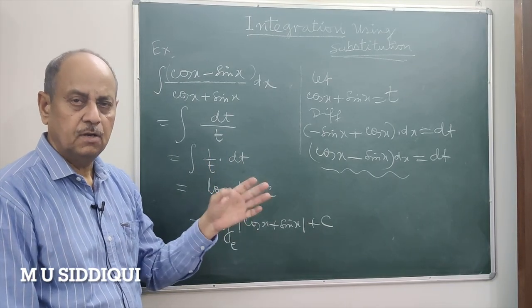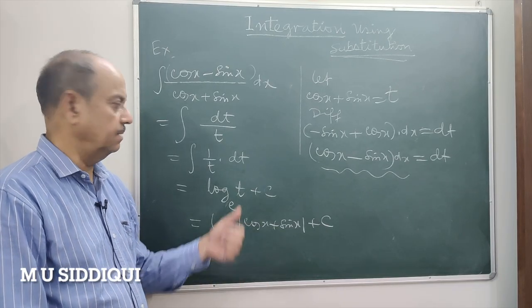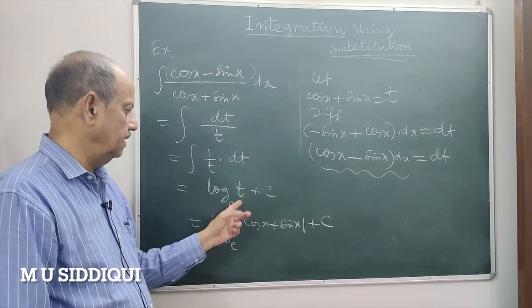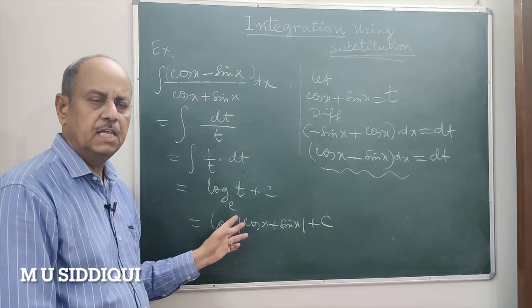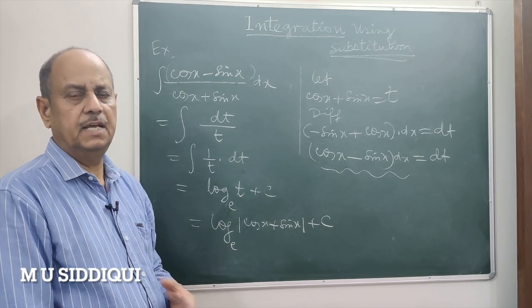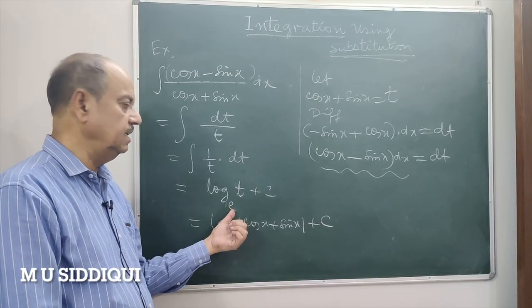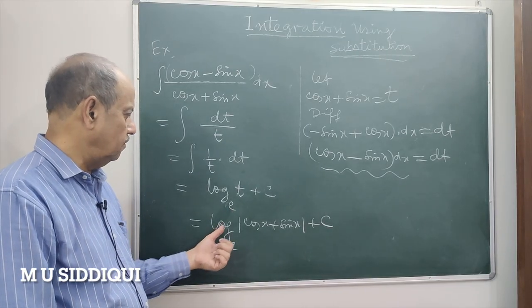You can recall log of t when differentiated becomes 1 upon t. So 1 upon t when integrated will become log of t, of course with the base e. Even if you don't mention the base, in calculus it is always considered to be the natural base e.